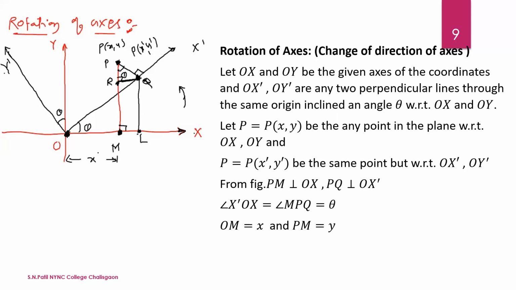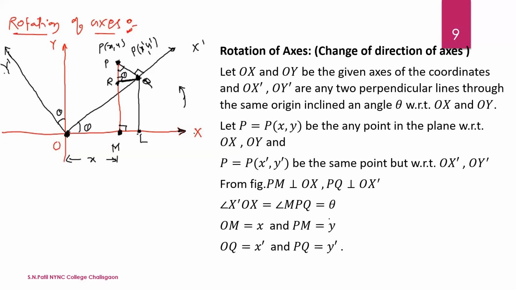Now see, OM is the x distance and the perpendicular to OX has distance y. Similarly, OQ is the x dash distance and PQ is the y dash distance. Now let us find x and y.